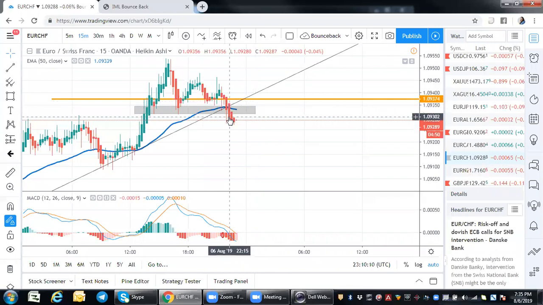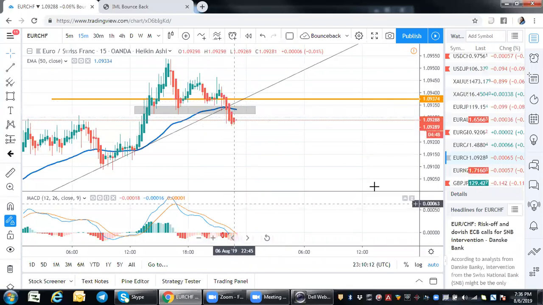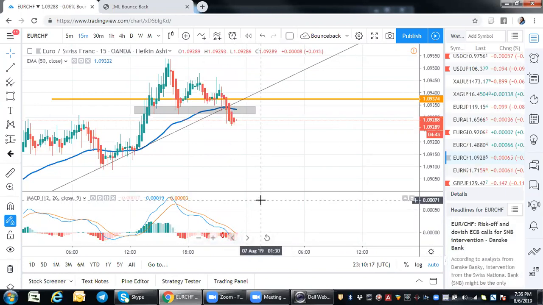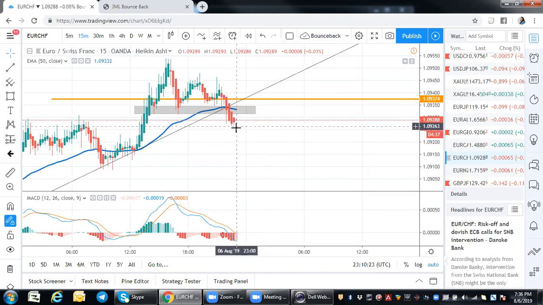So this is a good trade. This is a good trade. What time is it? It's 7:10. So we will see how the momentum progresses here.